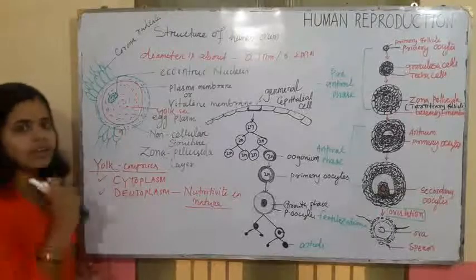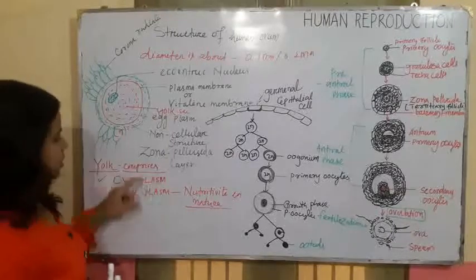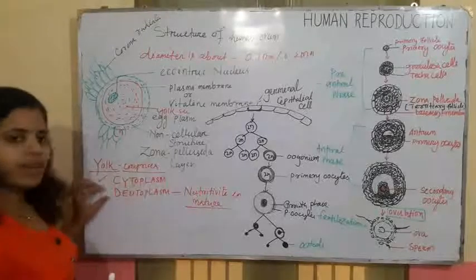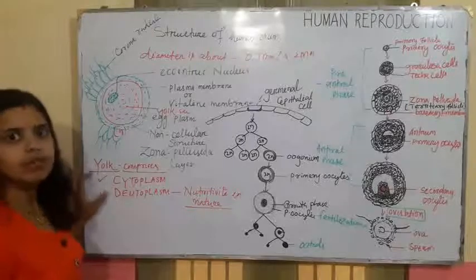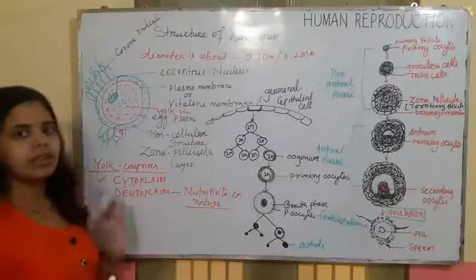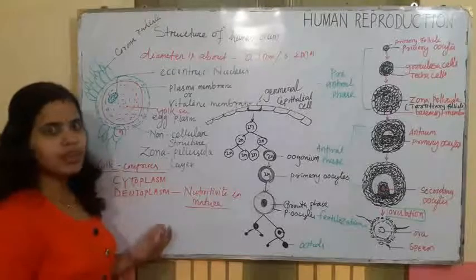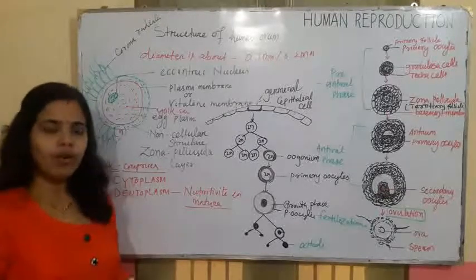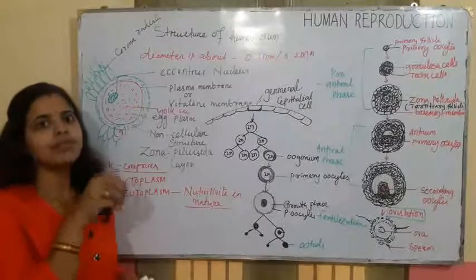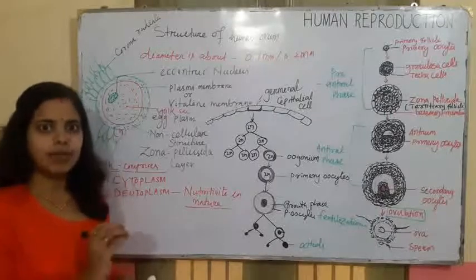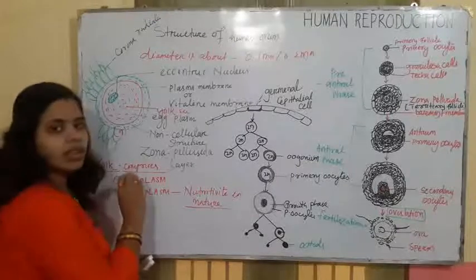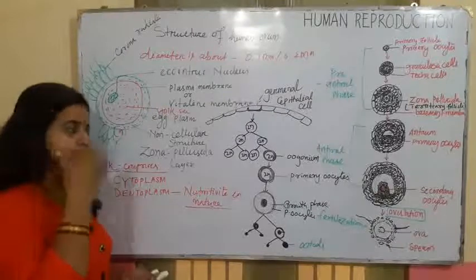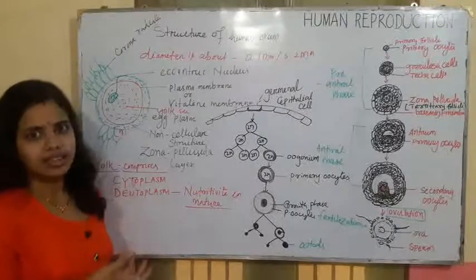But one thing you should remember is that in human ova, the deutoplasm is very little compared to other organisms. For example, birds have a high amount of deutoplasm because of what? All the development of the embryo takes place with the help of the deutoplasm, or the yolk, which is present inside the shell of the egg, right?